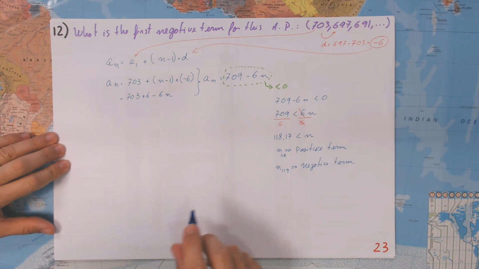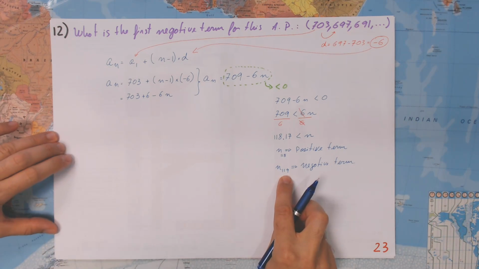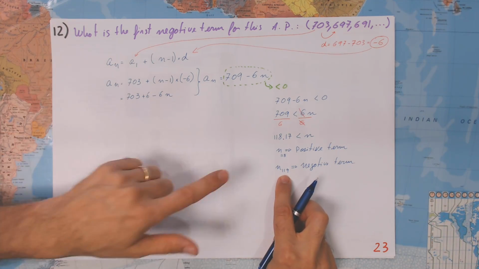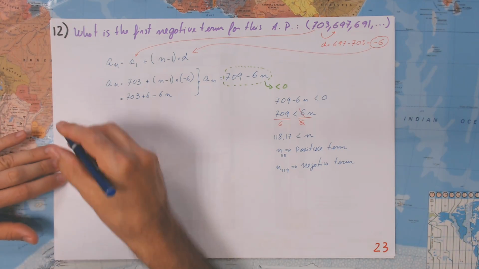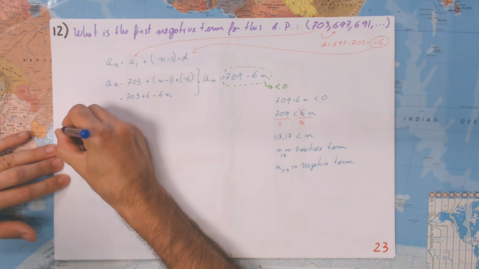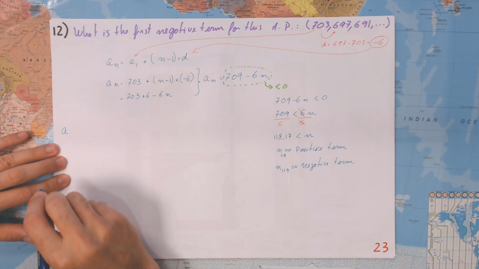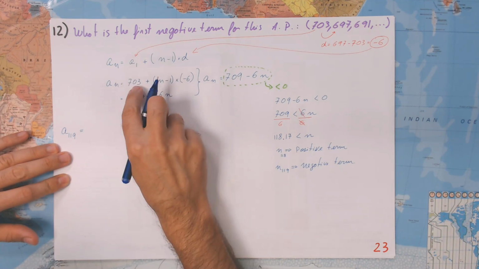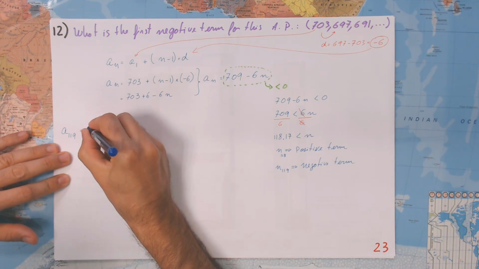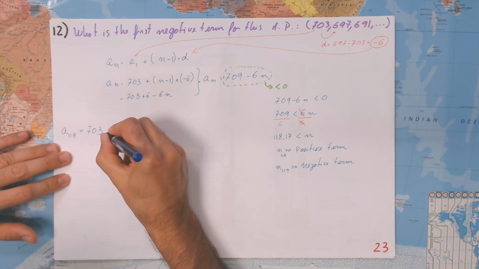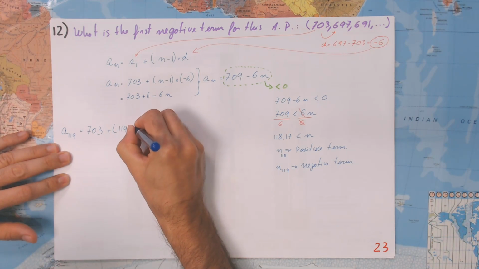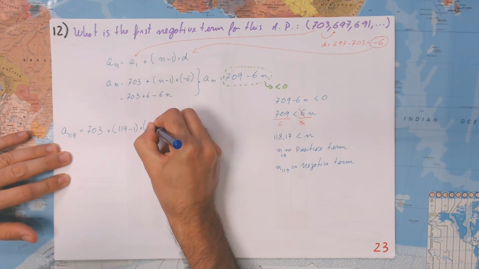And now let's just see what that negative term is, because I don't want only the number of the term, the position, I also want to know what this term is. Now a119 is going to be a1, just applying this formula, 703 plus 119 minus 1 times minus 6.